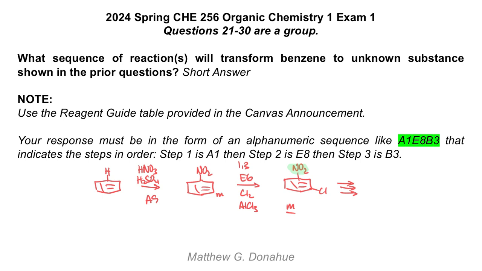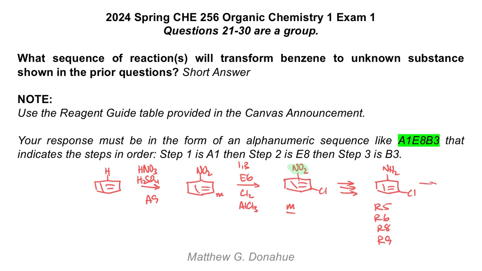We saw taking the nitro group down to the amino group is a reduction. So you could have used any of the reagents listed here: R5, so R is the reducing agents, R5, R6, R8, R9.